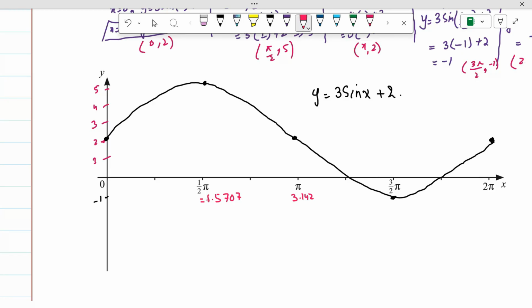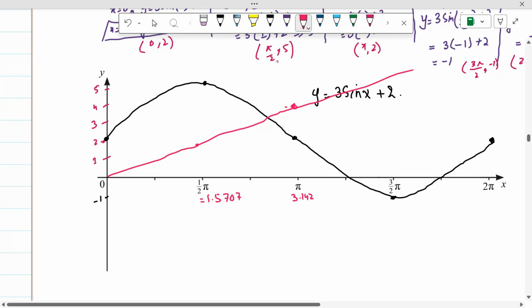So for x equal to 1.5707, y will be 1.5707. So 1.5 will be here. Similarly, when x is equal to 3.142, y will also be 3.142. So this will be here, almost. So when we plot this line, it is increasing, so we will have only one point of intersection, this one.